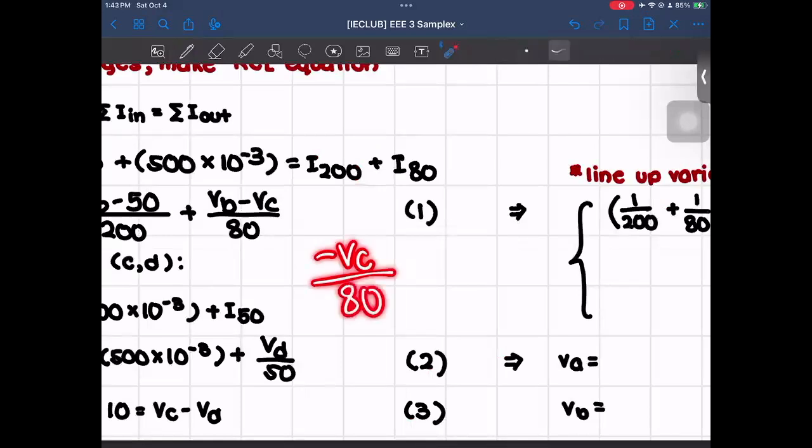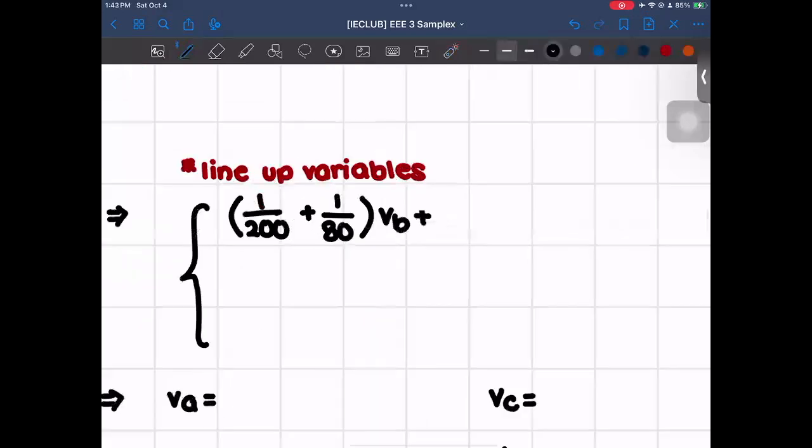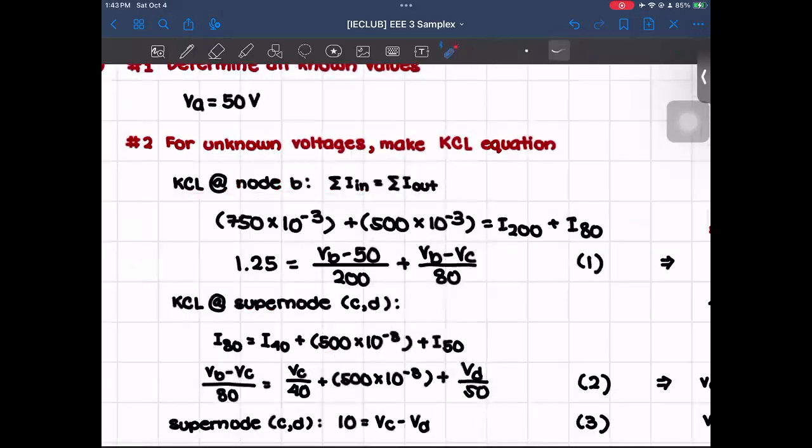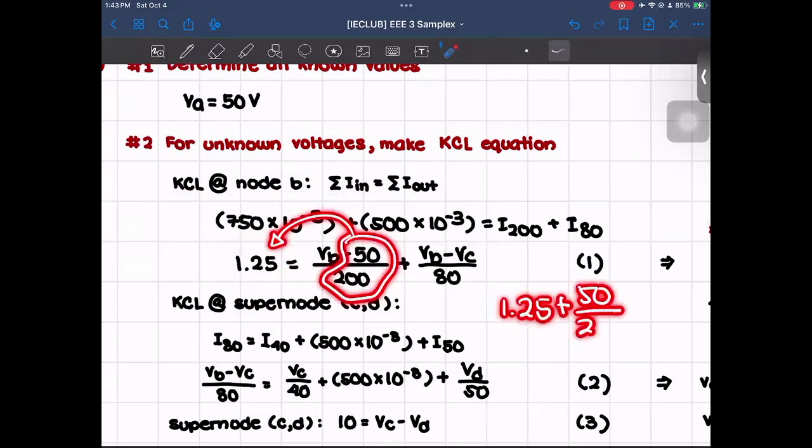And so that will be negative 1 over 80 times VC, which is equal to 1.25. Then this negative 50 over 200, if we move it to the other side, will be 1.25 plus 50 over 200.